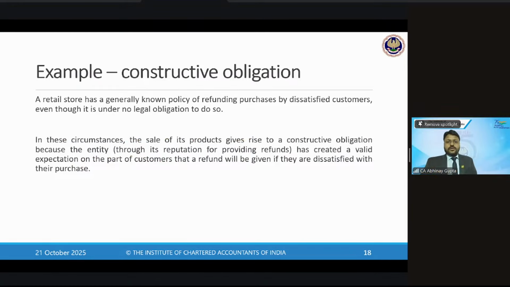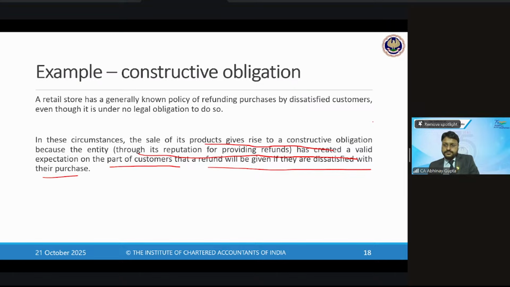A retail store has a generally known policy of refunding the purchases by dissatisfied customers, even though it is under no obligation to do so. In these circumstances, the sale of the product gives rise to a constructive obligation because the entity, through its reputation for providing refunds, has created a valid expectation on the part of the customers that a refund will be given if they are dissatisfied with their purchase.